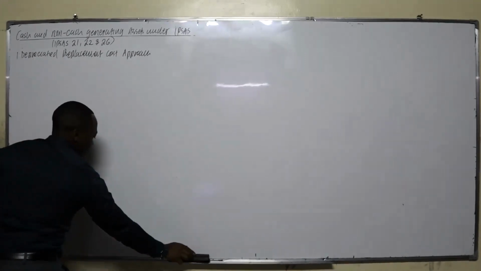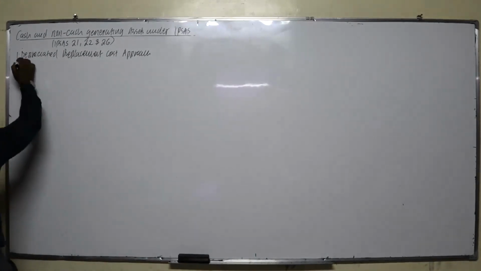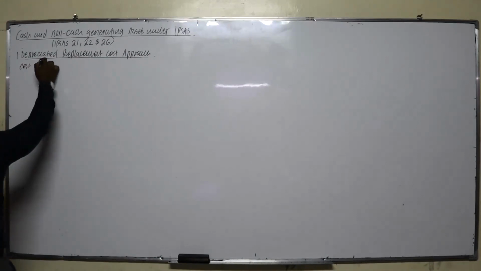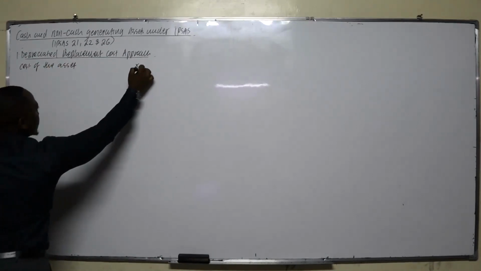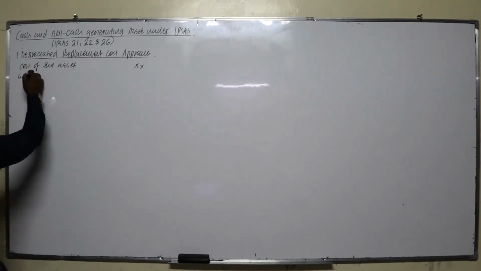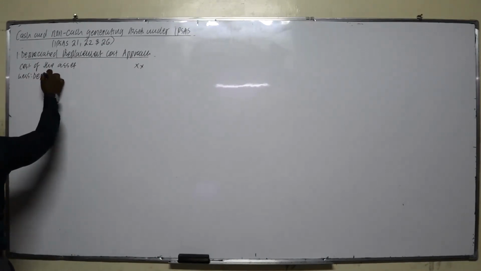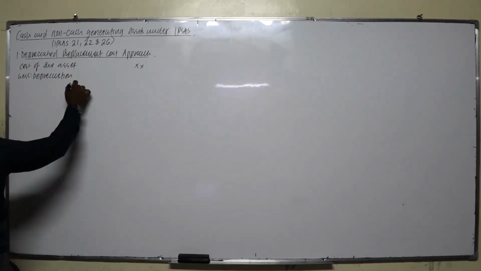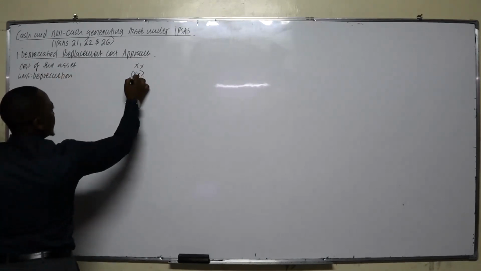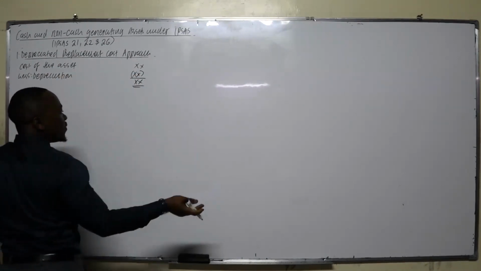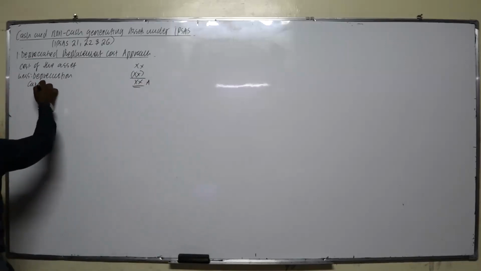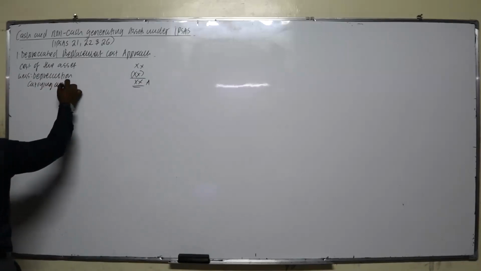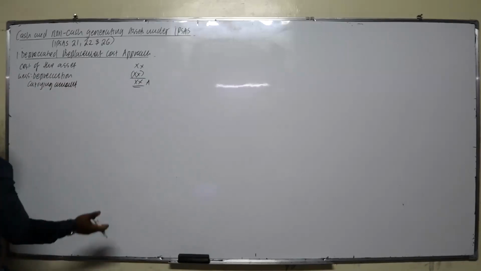So if you use that method, you'll take the cost of the asset, then you raise depreciation, and if you take the cost minus depreciation, you get the net book value, which will be your carrying amount. Then how do you determine the recoverable amount?